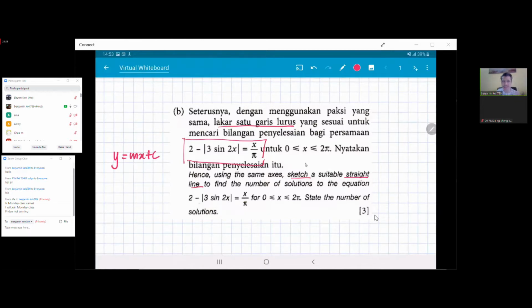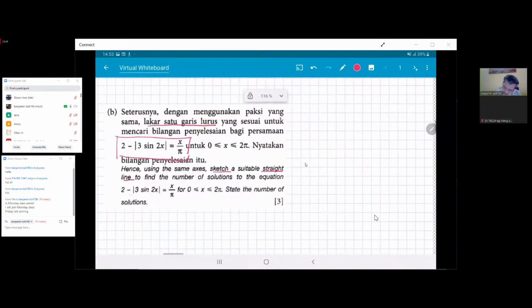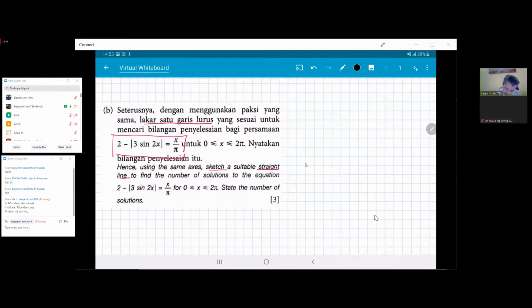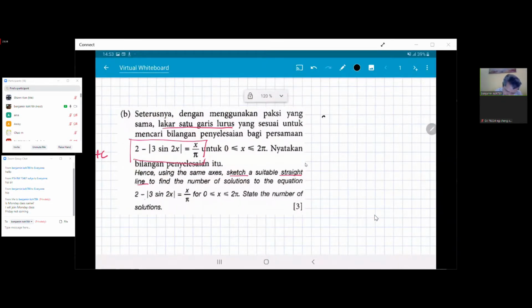So what we do now is write out the equation from part B. Persamaan yang dia bagi ialah 2 minus modulus 3 sine 2x equal to x over pi. What I need you to understand is that you are supposed to use your part 1 and compare dengan part 2.